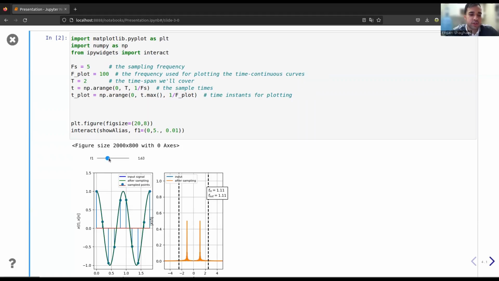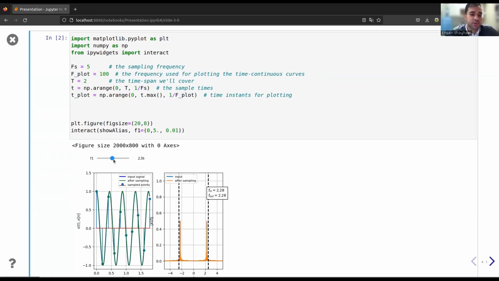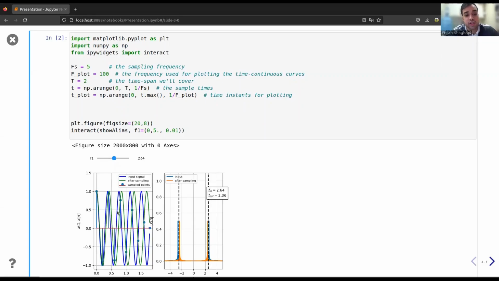By increasing the frequency closer and closer to the sampling frequency, we will have fewer and fewer samples per cycle. But once we pass half of the sampling frequency, from 2.5 and above, you start to see something new, to be more specific, what we call the aliasing phenomenon.